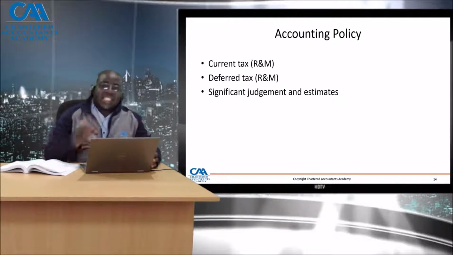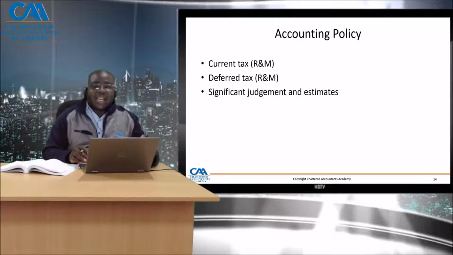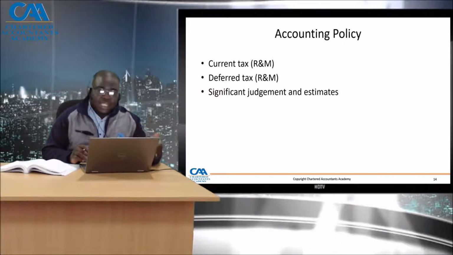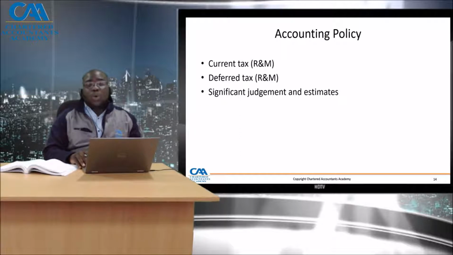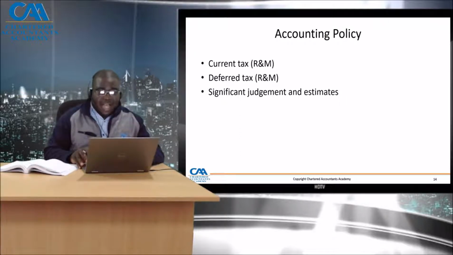We also identify that deferred tax and current tax may involve so much judgment and estimation, especially when there's assessed loss, and especially when we are talking about capital gains tax or timing of reversal. Those significant judgments and estimates should be disclosed as the basis on which the deferred tax calculations or the tax rates have been arrived at. The user needs to know what management or the preparer has gone through to arrive at that.